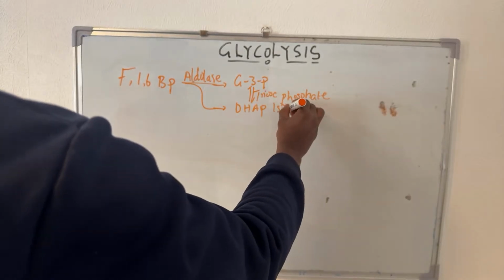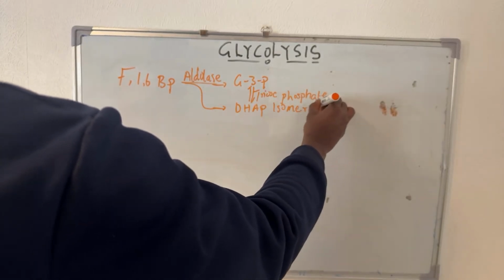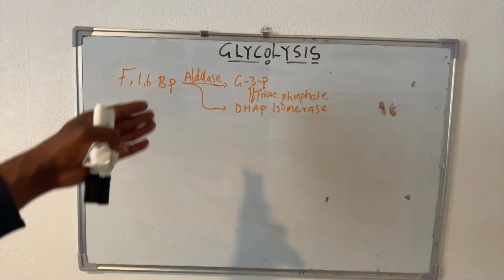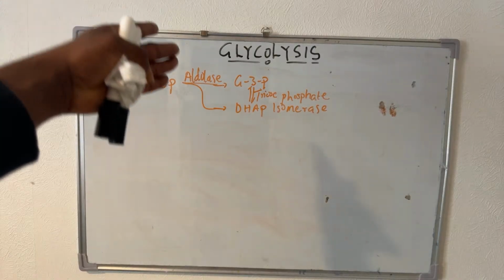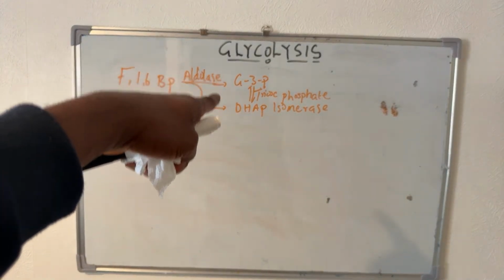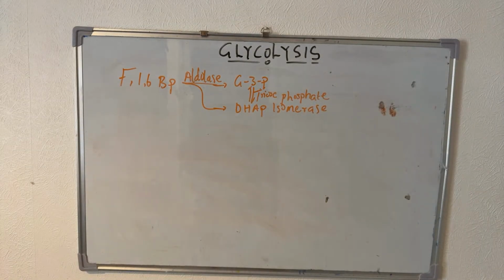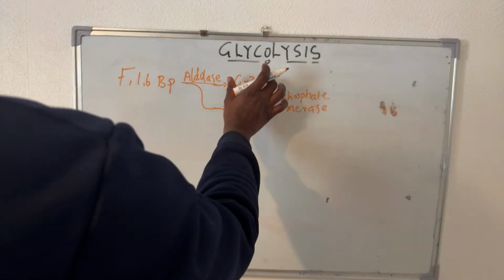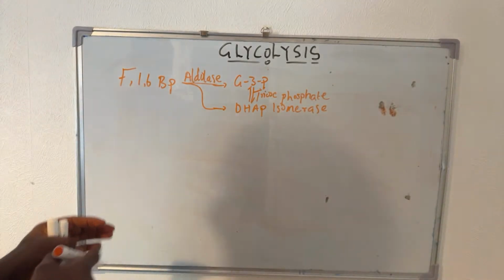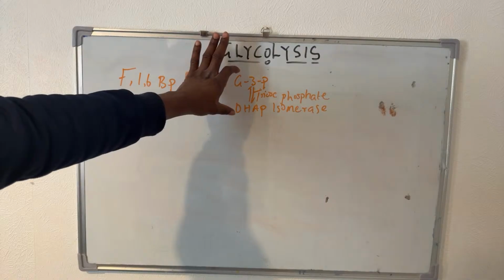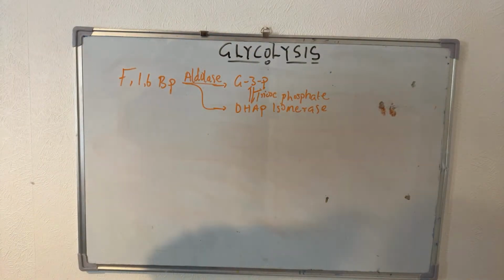That is the enzyme that catalyzes this isomerization reaction between glyceraldehyde 3-phosphate and dihydroxyacetone phosphate. Now, this is a 3-carbon compound. From a 6-carbon compound, we've now come down to two 3-carbon compounds.